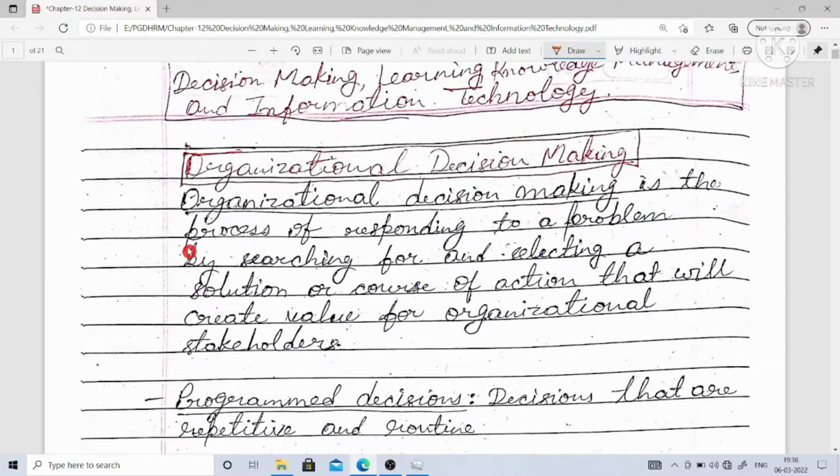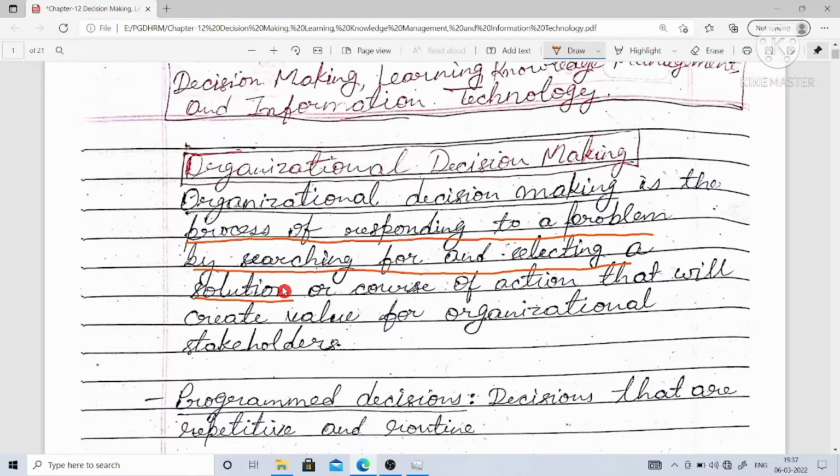Now here, the process of responding to a problem by searching for and selecting a solution. It means it is a type of process. Organizational decision making is a process of responding to problems. Many different types of problems come up in organizational processes.